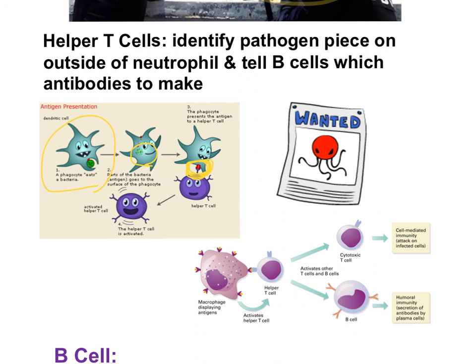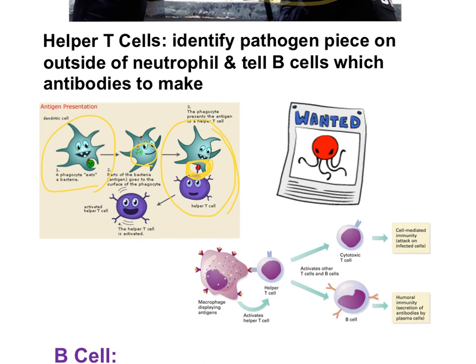But when the neutrophil shows the helper T cell, hey, this is who the foreigner is, this is who we need to target, then the helper T cell can say, all right, let's do this thing. So the neutrophil displays a little piece of the pathogen. It displays an antigen.